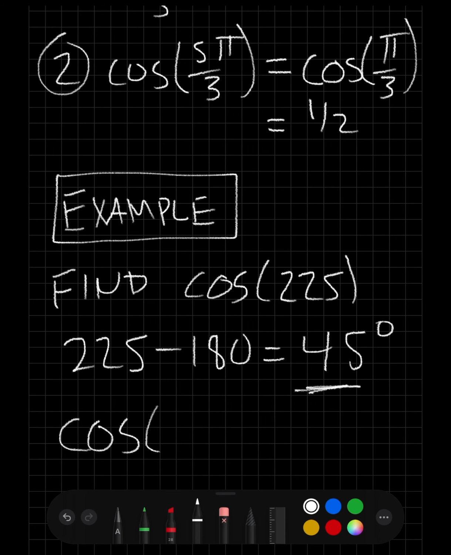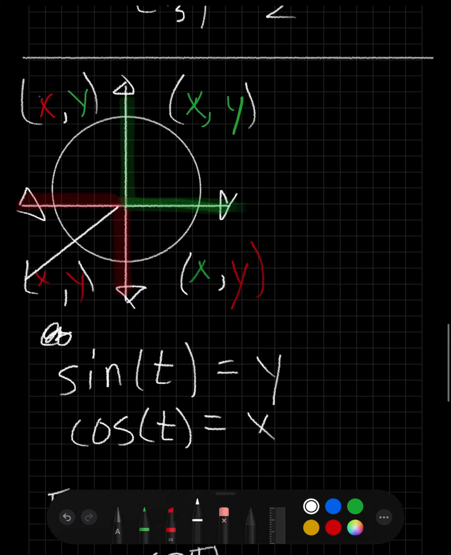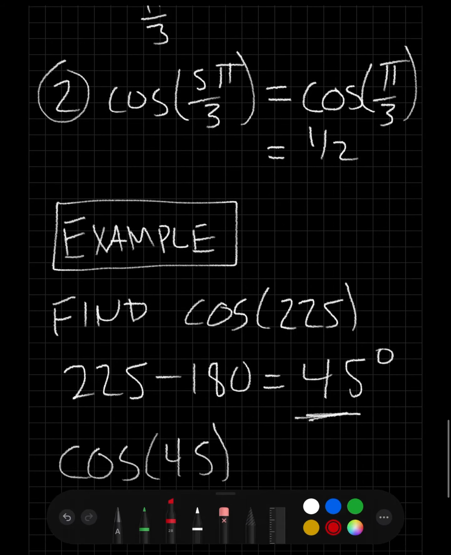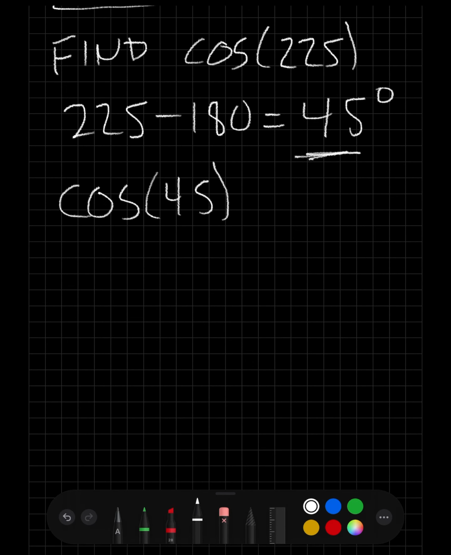And we're going to look at the cosine of 45 degrees. So we can use our unit circle. We can say, from our previous example, here's 45 degrees. So I'm looking at the x value here, square root of 2 over 2. So the cosine of 45 degrees is the square root of 2 over 2.